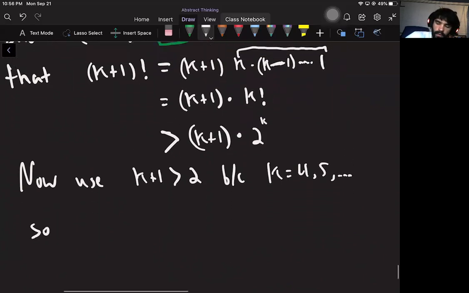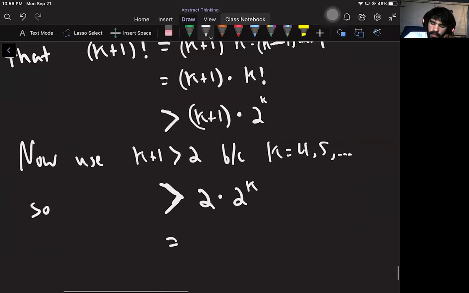So I can now replace K plus 1 with 2 because it is still bigger than 2. And then what's 2 times 2 to the K? 2 to the K plus 1. So we're done.